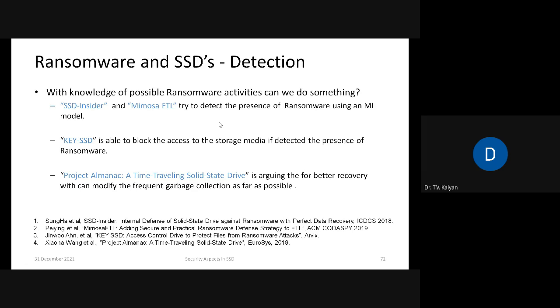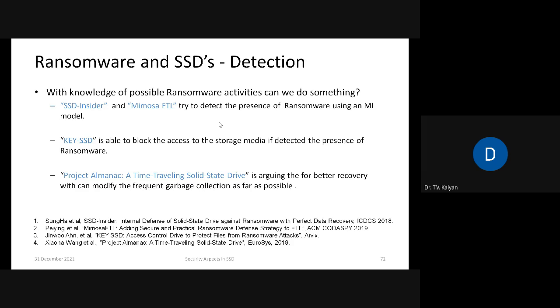If the trained model detects that it's a ransomware, then a corrective action needs to be taken and the user can be informed that this is a potential ransomware.